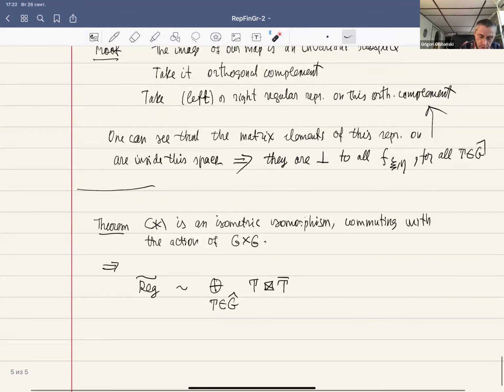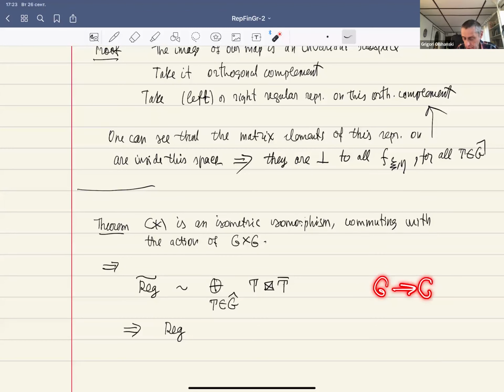And in particular, as a corollary, if you take one-sided left or right regular representation, they are equivalent to each other, because if you take the map G to G, which maps small g to its inverse, this gives us an identification of left regular to right regular representation, so they are equivalent.